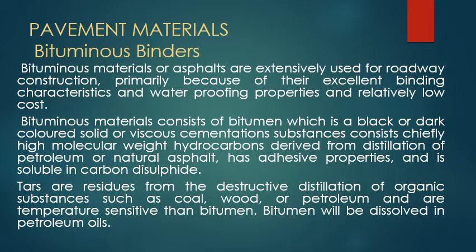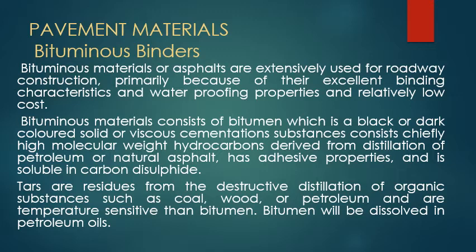Before that, bituminous materials consist of bitumen, which is a black or dark colored solid or semi-solid viscous cementitious substance, having high molecular weight hydrocarbons derived from distillation of petroleum or natural asphalt.